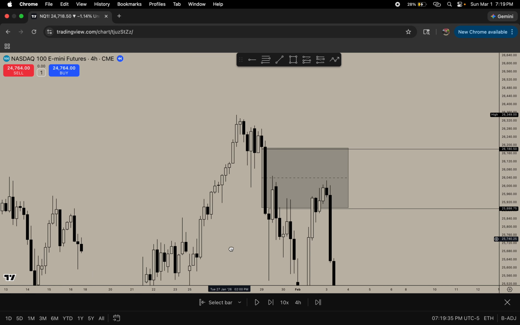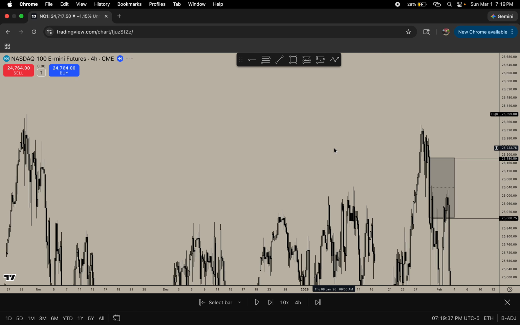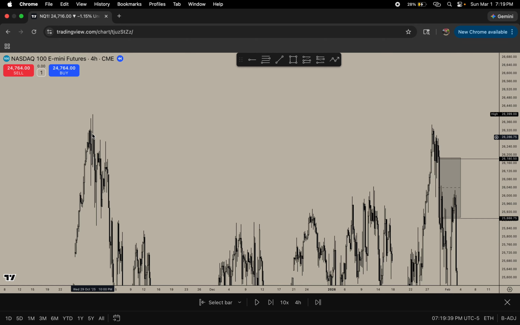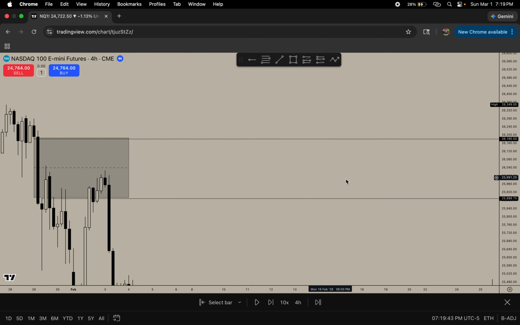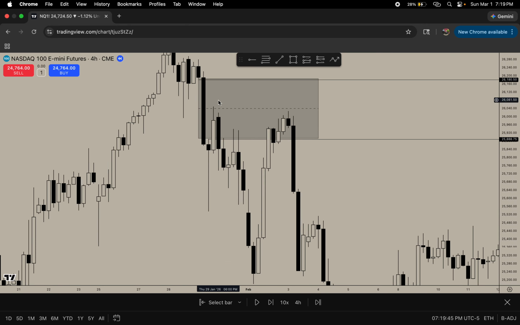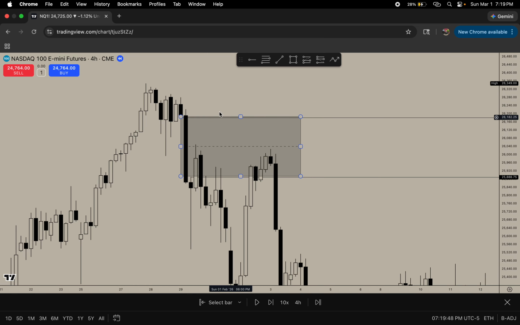But we have price go to the highest point, tap into some form of manipulation, price closes, and we have a gap between this price point and this price point.